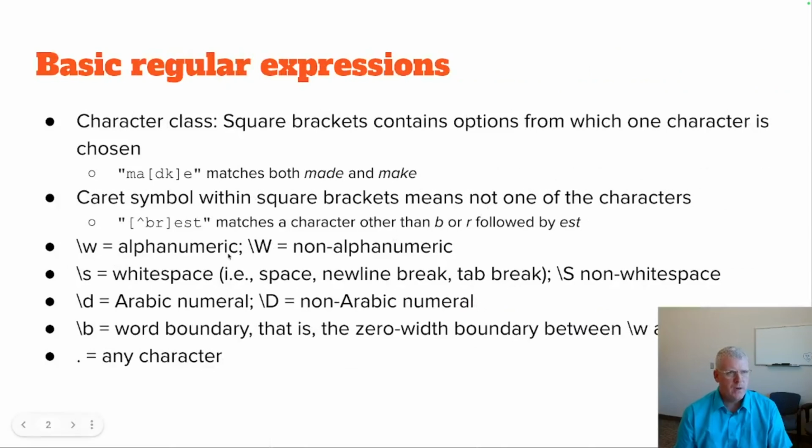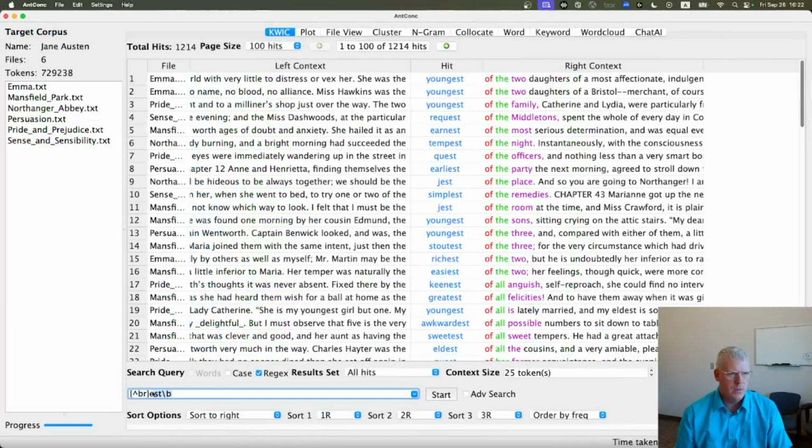Okay, alphanumeric characters are with backslash lowercase w. So if I were to do backslash lowercase w and just push enter right now, it's going to take a long time to get every last word of the 727,000 words in these 6 novels by Jane Austen. That's what we're going to try.